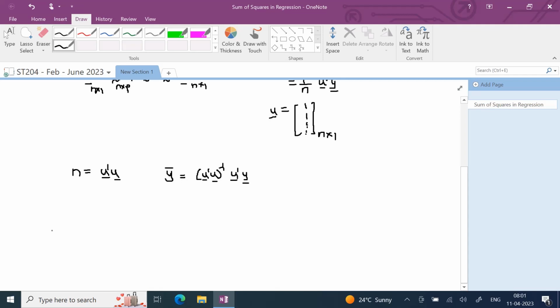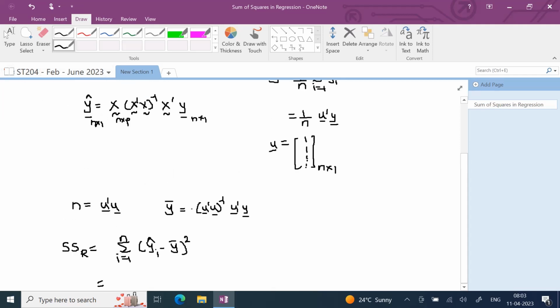Now let us try to see if we can express regression sum of squares in matrix notation. So I have my SSR as sum over i going from 1 to n (yi hat minus y bar) whole square. Okay, so this y bar is still a scalar.